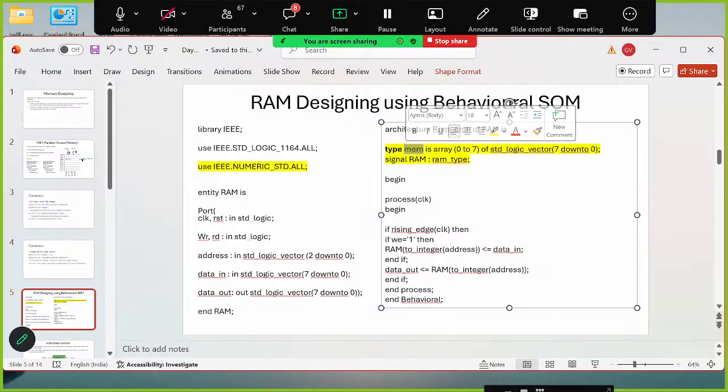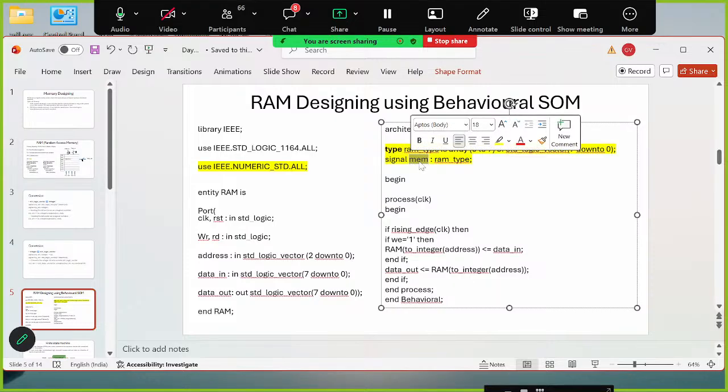And I am creating a signal over here of ram type. This is the name of the data type, and I have created a signal mem of ram type. Now this mem is an array variable, of this type.